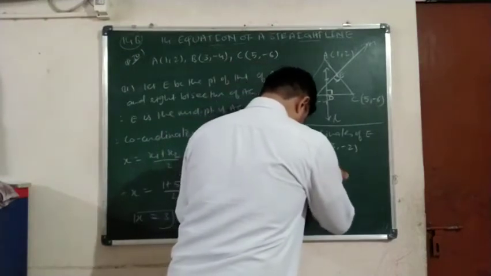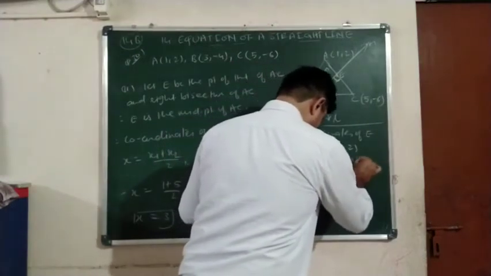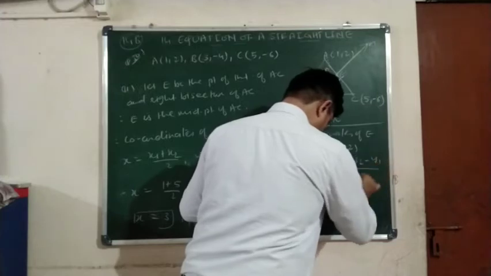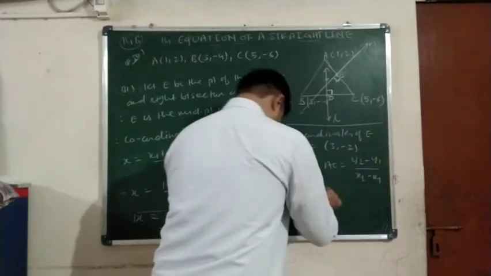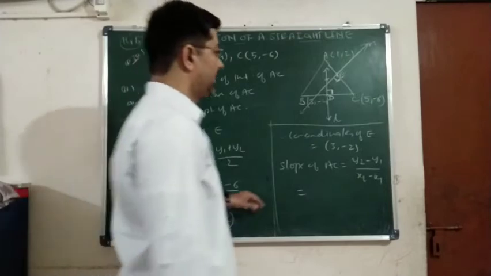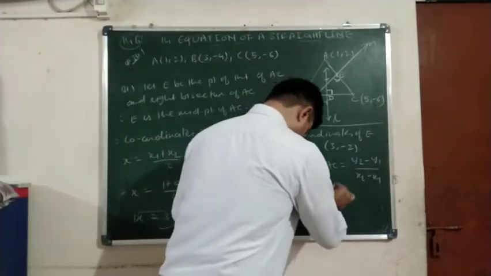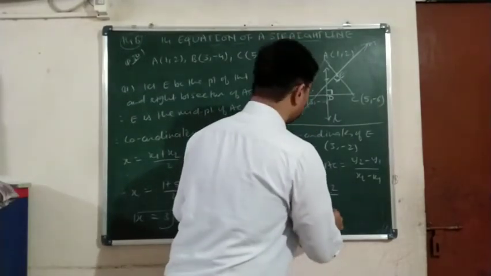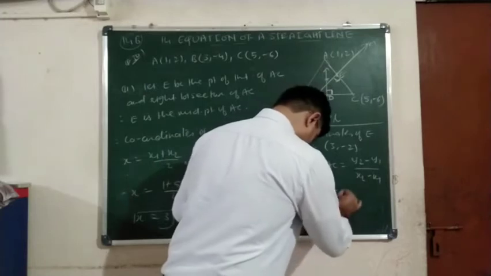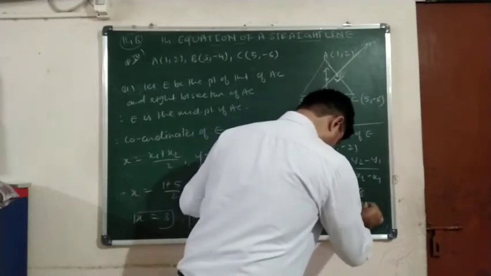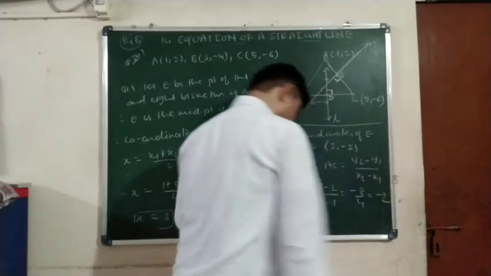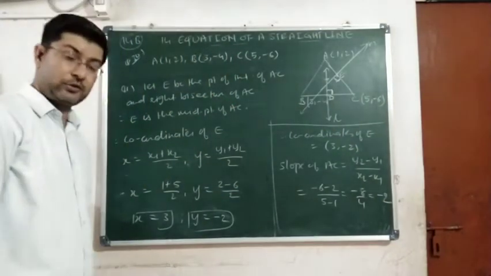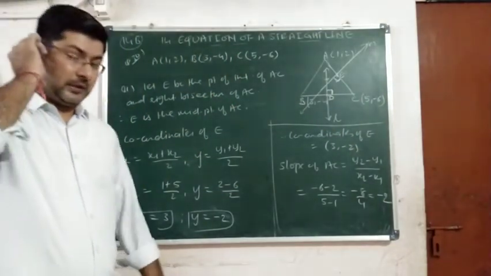The slope of AC is given by (y2 minus y1) upon (x2 minus x1), equals (-6 minus 2) upon (5 minus 1), which is -8 by 4, equal to -2.